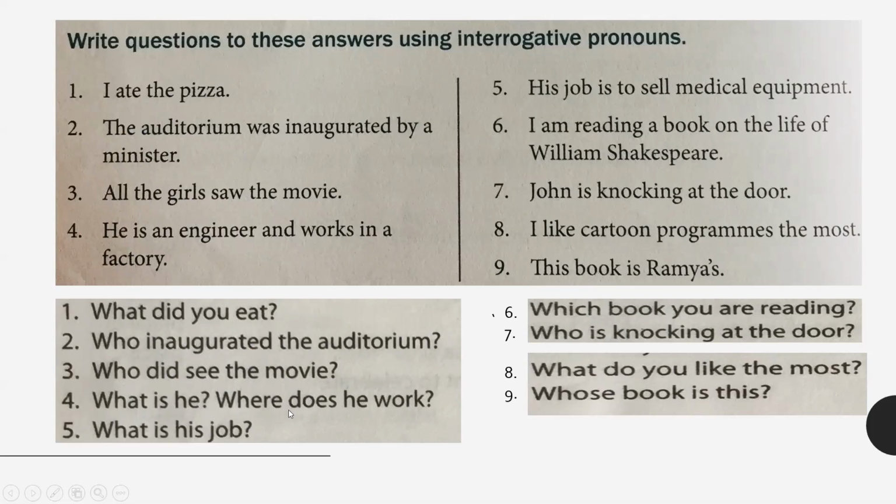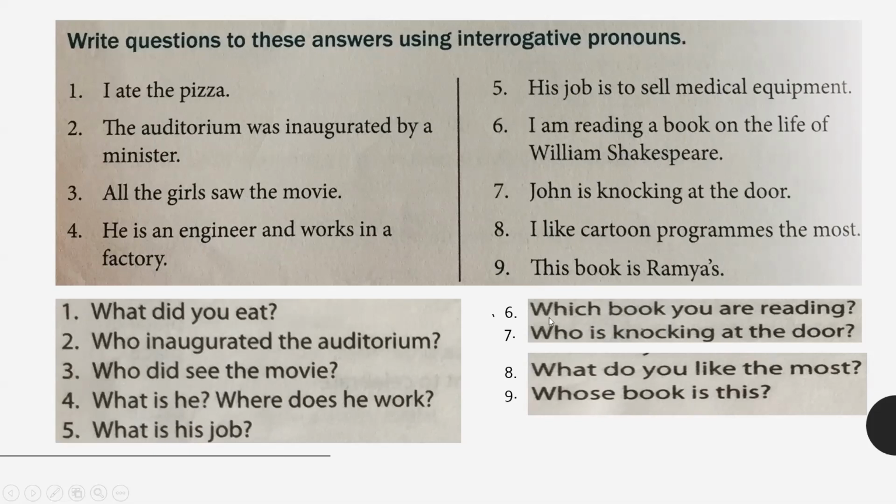He is an engineer and works in a factory. What is he? Where does he work? So the answer is, he is an engineer, works in a factory. What is his job? Answer, his job is to sell medical equipment. In the same way, we will frame the questions for these. Which book are you reading? I am reading a book on the life of William Shakespeare. Number eight, who is knocking at the door?